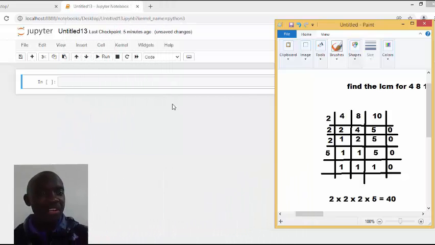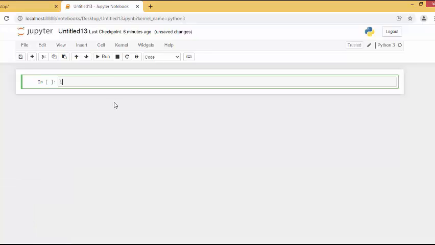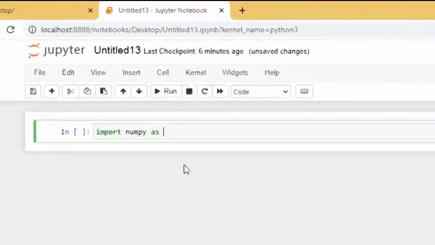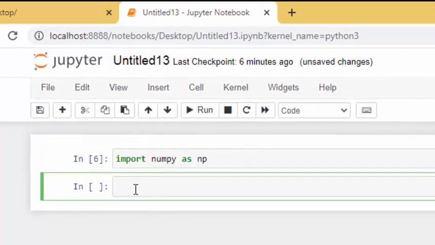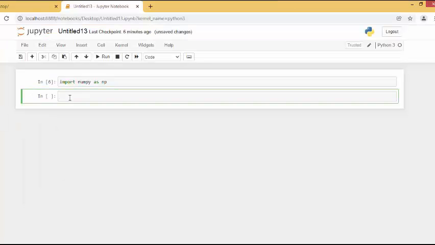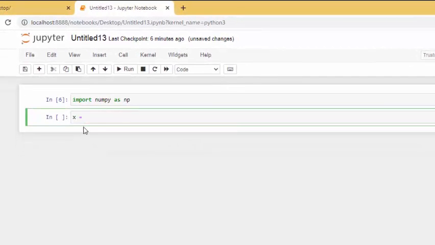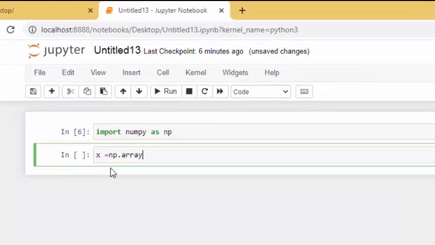We begin by importing it here in Jupyter Notebook, like this: import numpy as np. You run. When you run, it will take you to the next cell. Here in the next cell, you simply define an object, for example, x is equal to np, which means NumPy, dot array, the array function, parenthesis, square bracket.